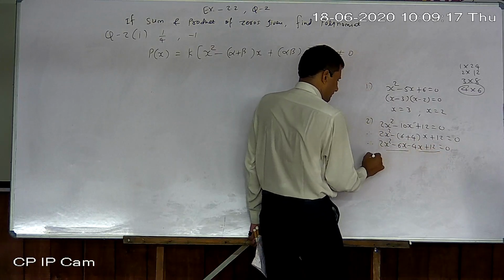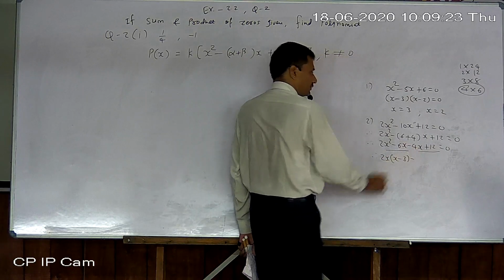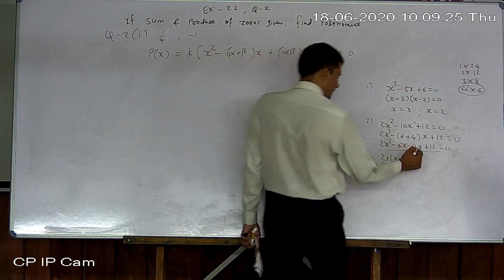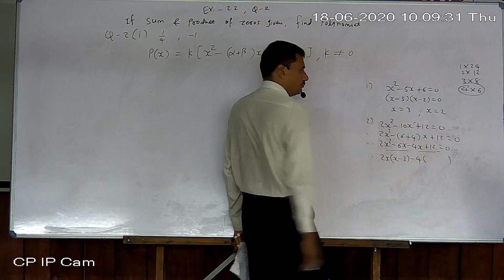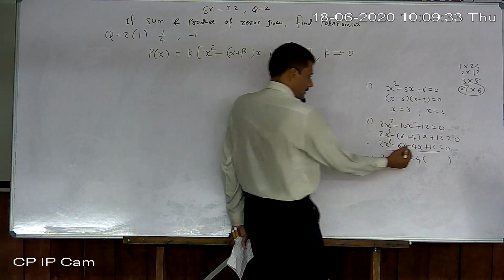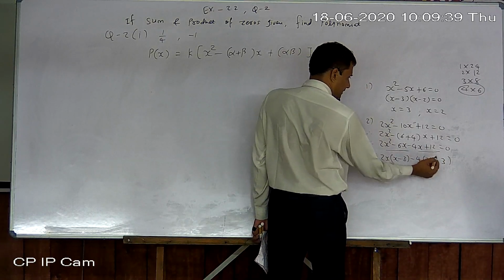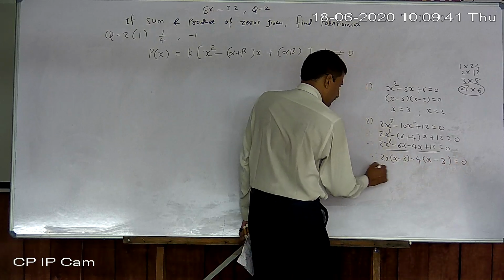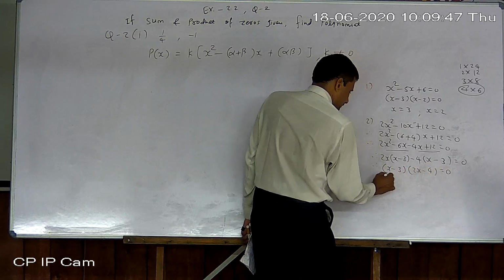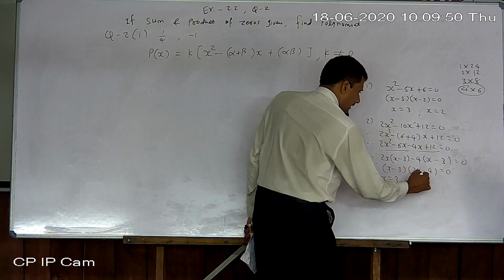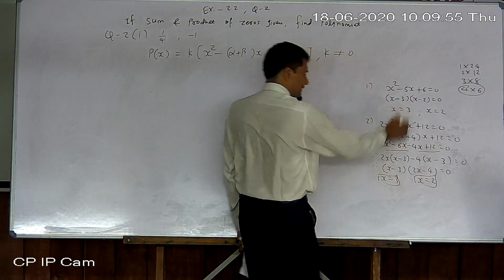Take 2x common out of this, so x minus 3. Here, according to the third term's sign, take minus common, and 4 is common. The sign inside the bracket of both terms will be opposite. Now what is left here? x. Now what is left? 3, but the sign is opposite, minus, so plus, plus, so minus, equal to 0. So we got two factors, x minus 3 and 2x minus 4. Out of this one we will get 3, and out of this one we will get 4 by 2, that is 2.